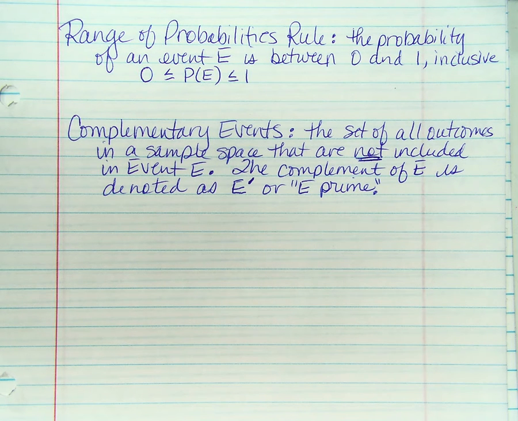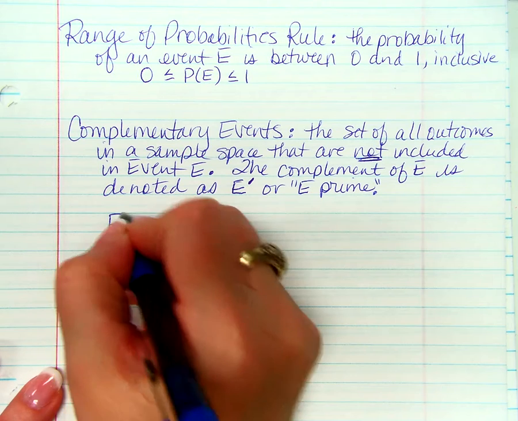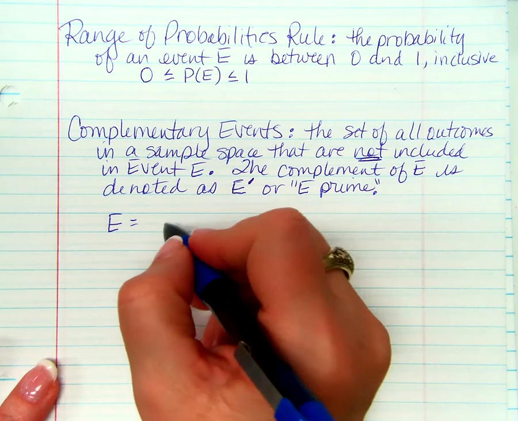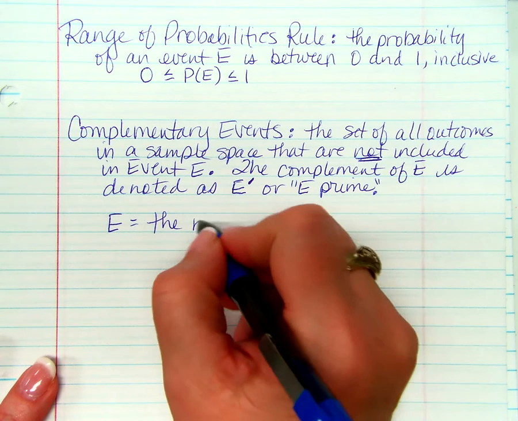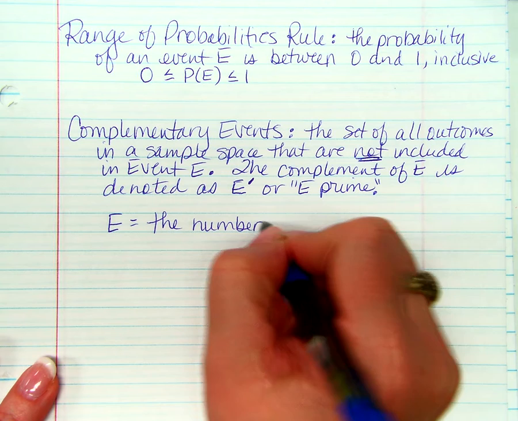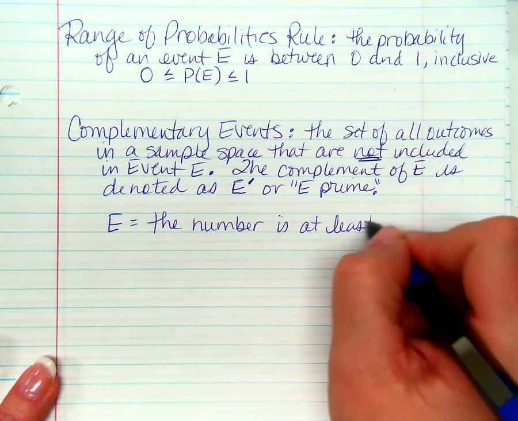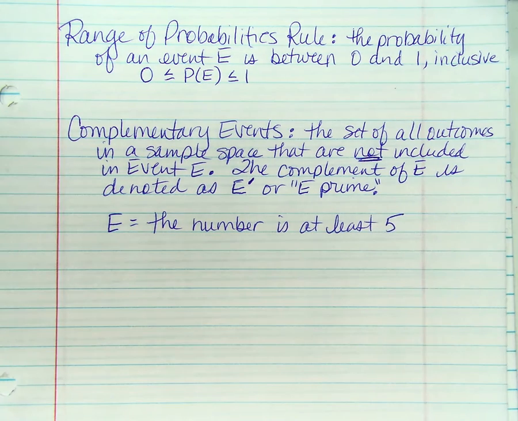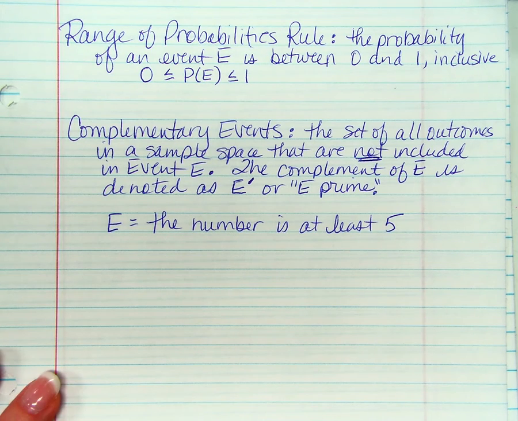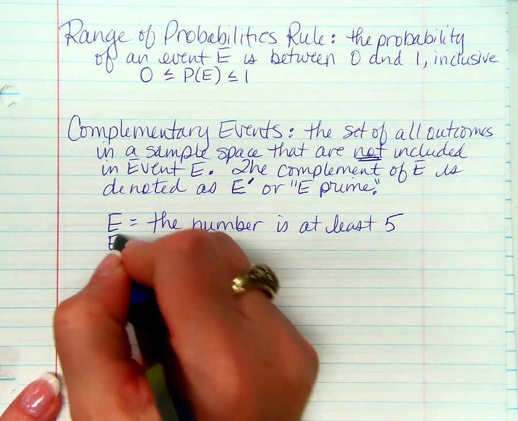The complement of E. So let's say E is the number that we roll on the die is at least a 5. If E is the number is at least a 5, what is E complement?